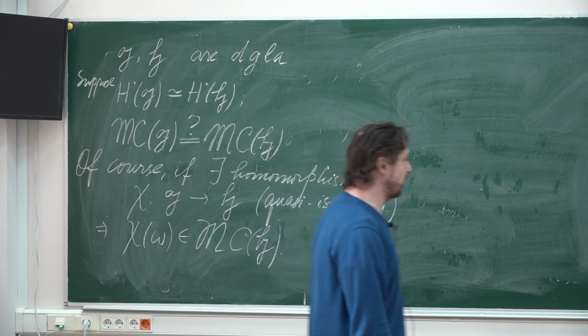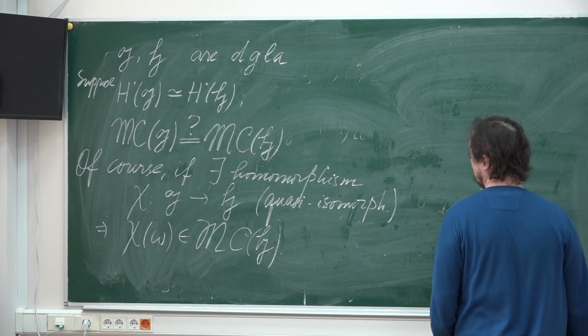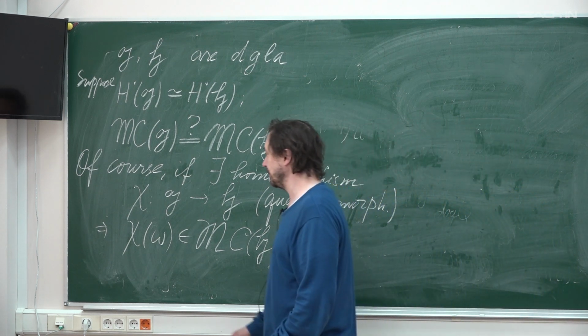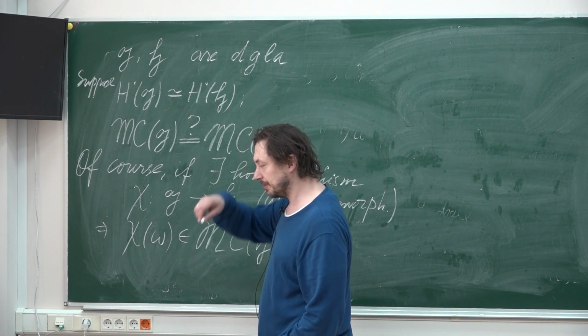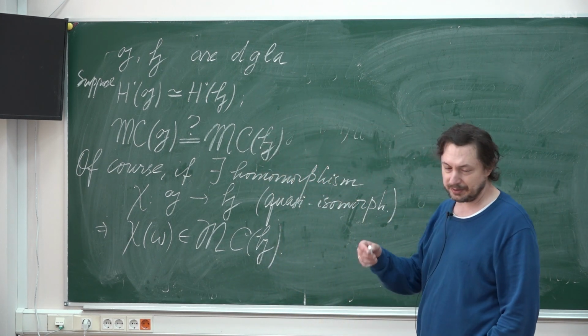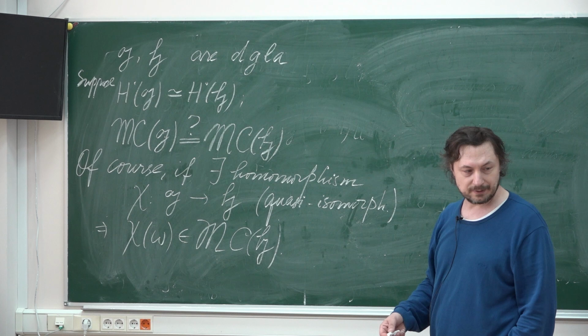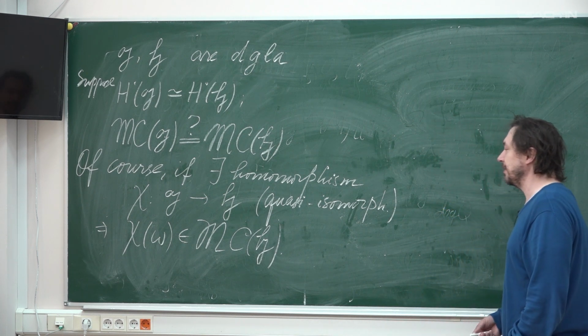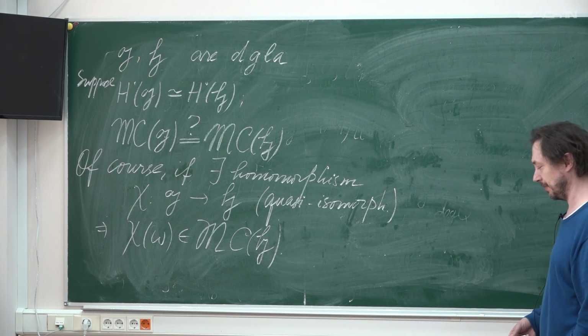But unfortunately, in our case, chi, even though it induces an isomorphism on cohomology, does not induce an isomorphism on the level of Lie algebras. It's not a homomorphism of Lie algebras, right? It doesn't send a commutator into a commutator.